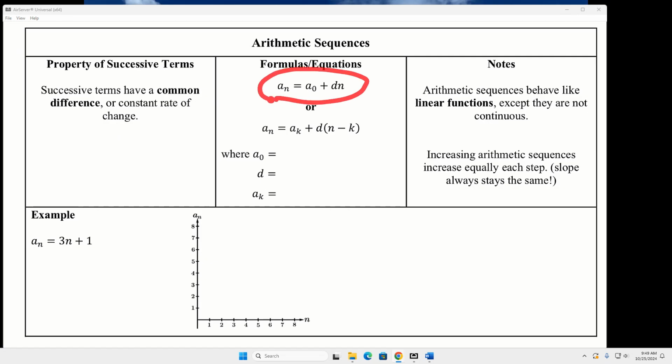This is one way. It's actually my least favorite way. It's just not very helpful because you start with something that isn't technically considered a term. There's not a 0th term. So when you use this formula, that A sub 0 is called the initial value.